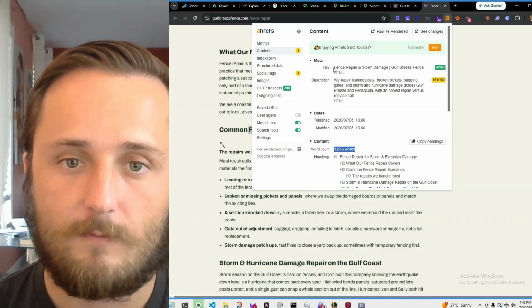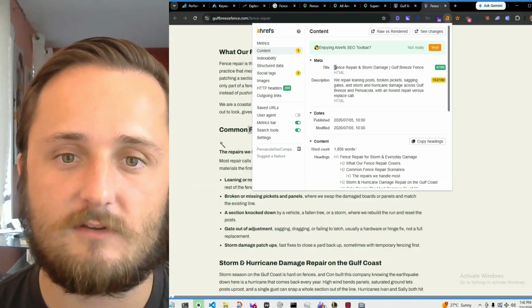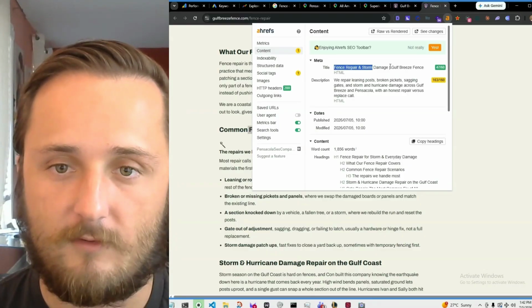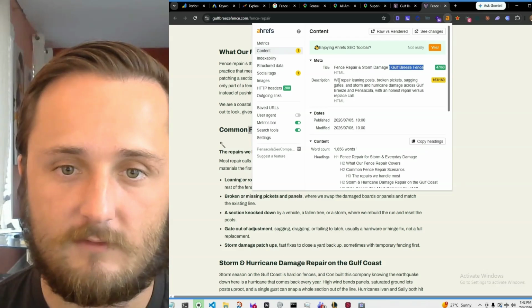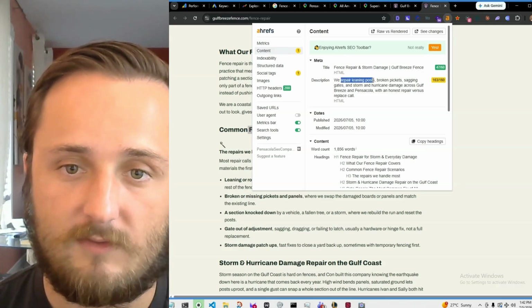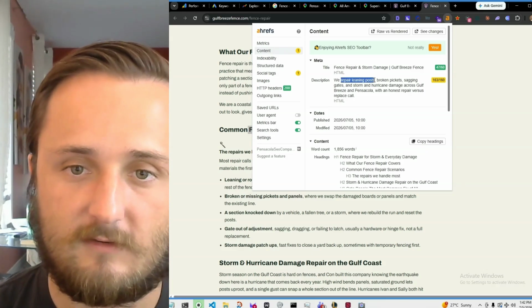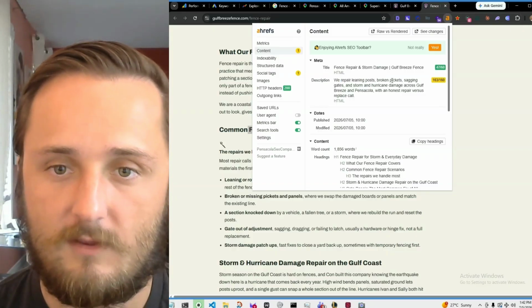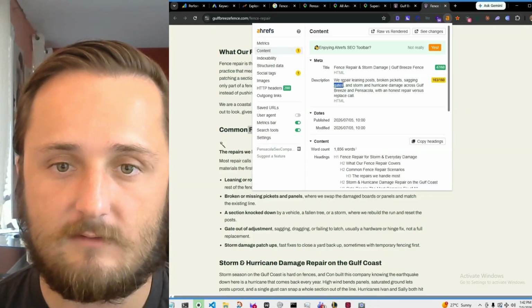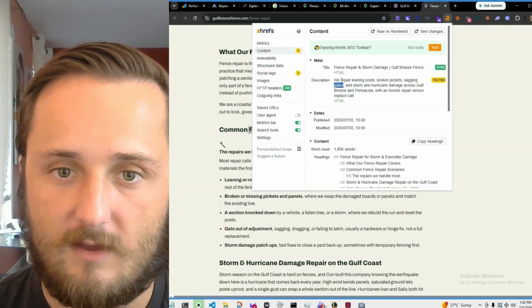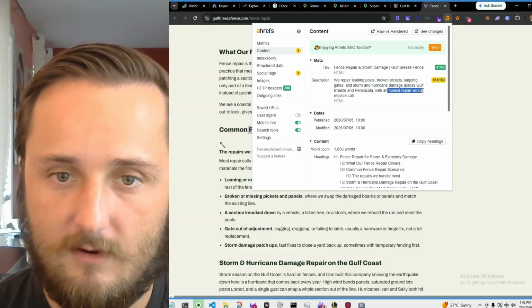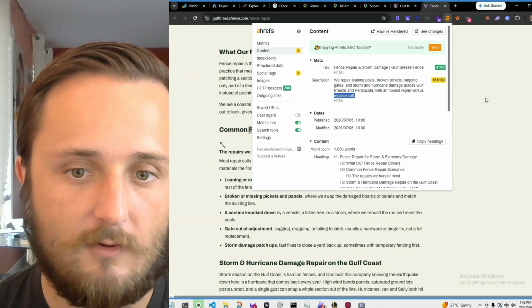Then also on our on-page optimization, we've got fence repair. We've also got the area that we service. So look at these keyword variations and also these entities we've got. So we've got posts, we've got pickets, we've got gates. Then we also have an honest repair versus replace call.